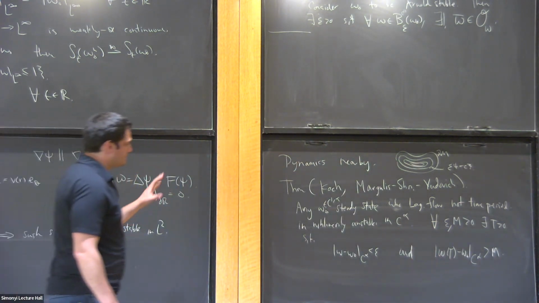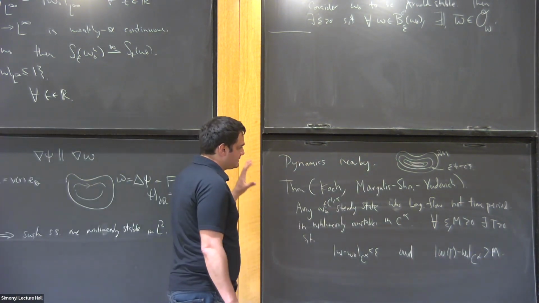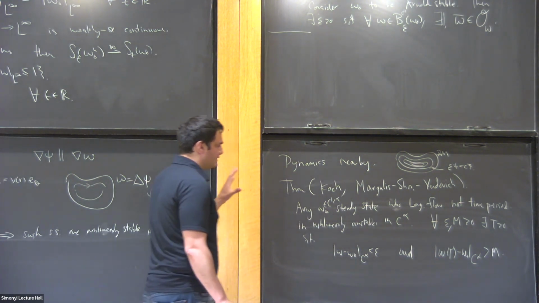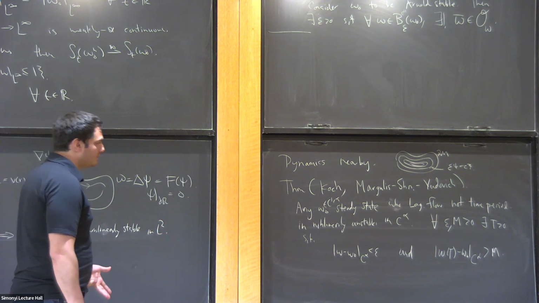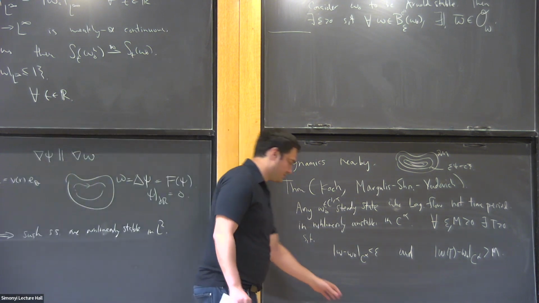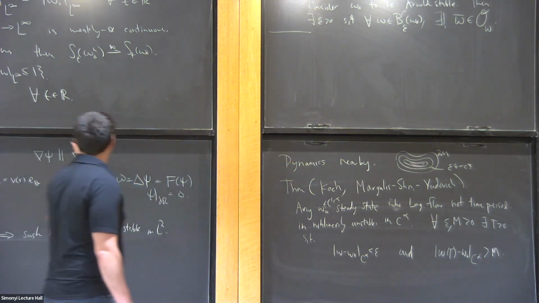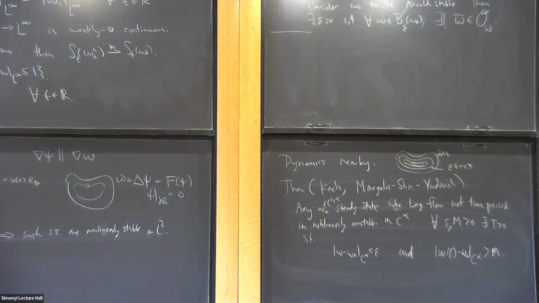And so this theorem is sort of the first step towards quantifying small scale filamentation nearby stationary solutions of 2D Euler, like I mentioned before here.